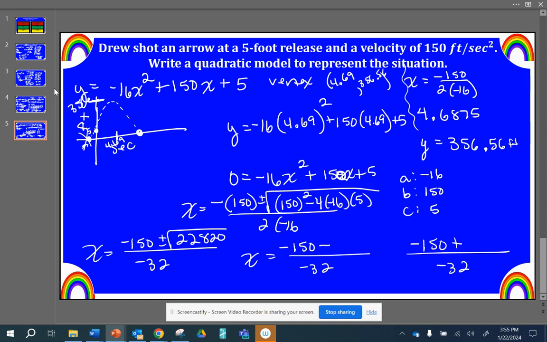The square root of 22820 gives me about 151.06. I'm just going to say 151. And then this one is going to give me the negative, so I'm not going to work that one because we would have a negative.